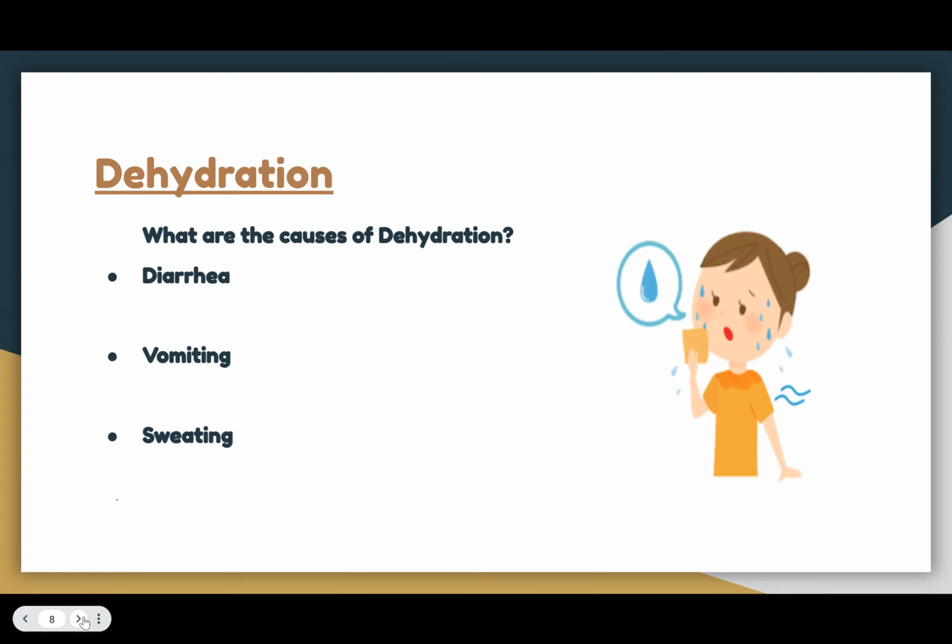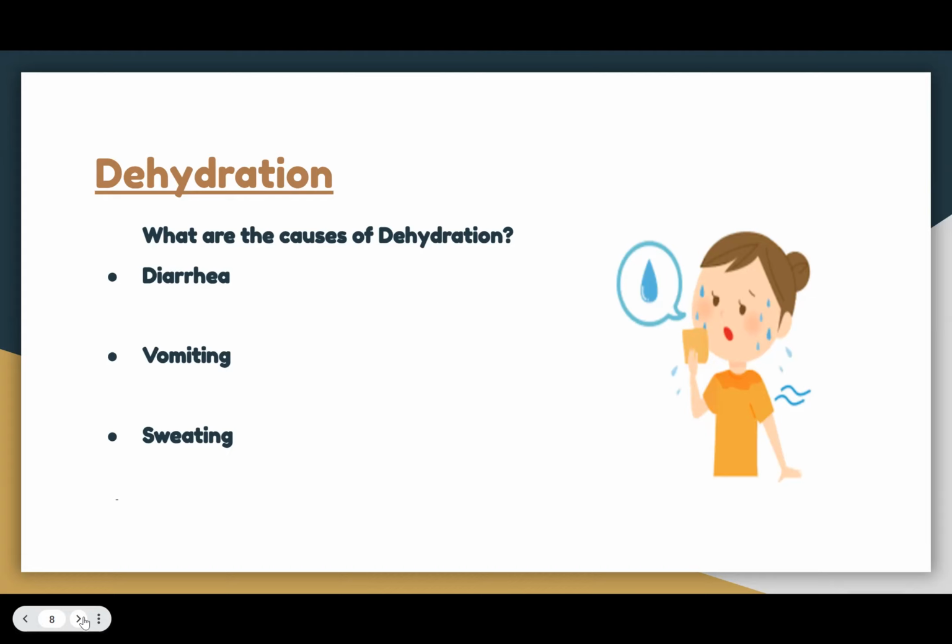Because if you think about it, when you're vomiting, you're losing excess fluid. When you have diarrhea, you're losing excess fluid. Opposite ends of the body, of course, but you're still losing that excess fluid. And that fluid loss is causing your body to not have enough to do the functions that it normally would be able to do, which is why it's causing you to get dehydration.